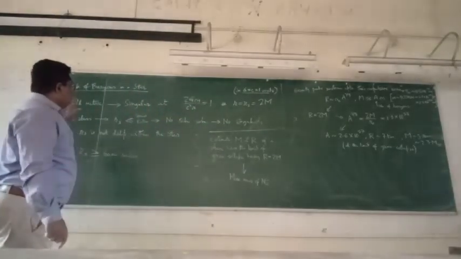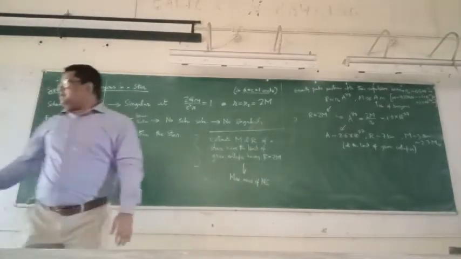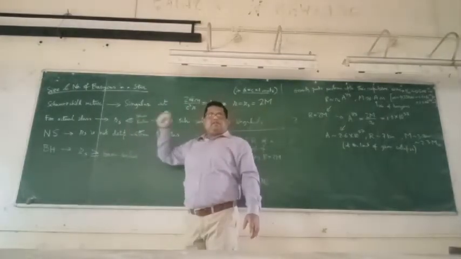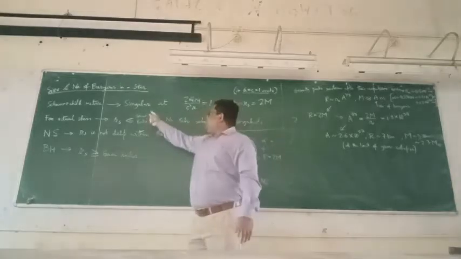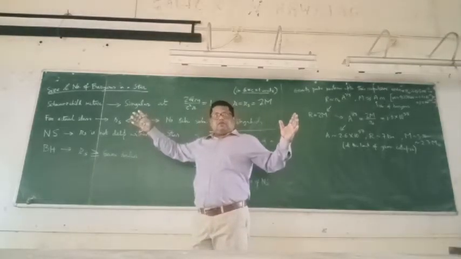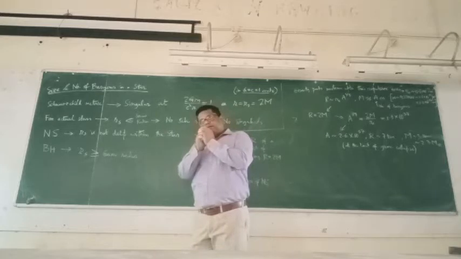Now, what happens for normal stars? For normal stars, we have this Schwarzschild radius much deep inside the star. So if this is the gravitational radius of the star, then the Schwarzschild radius is very much inside. This is for a normal star.